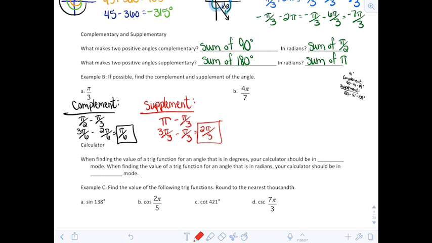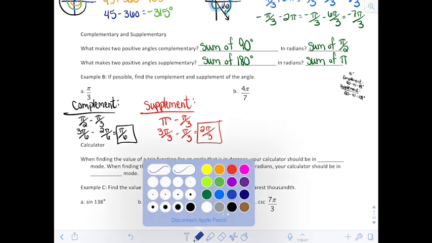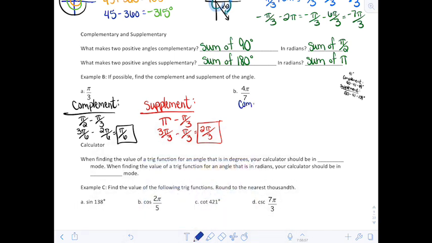Okay, so 4 pi over 7. We're going to take 4 pi over 7 and subtract it from pi over 2. So first of all, complement. I'm going to take pi over 2 and subtract 4 pi over 7.